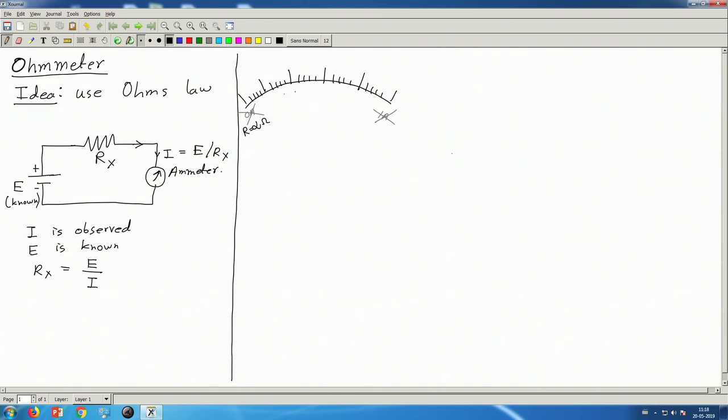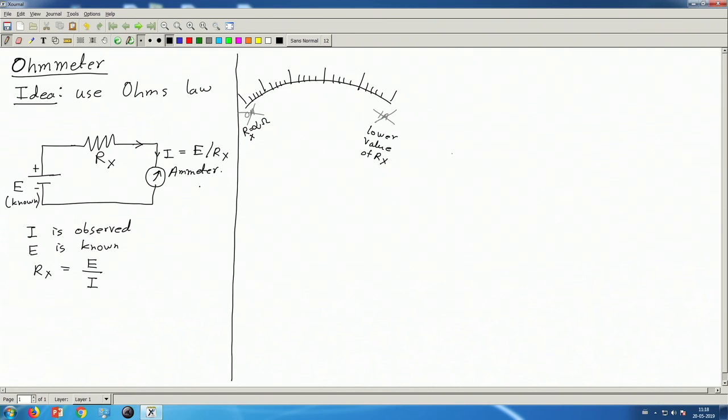So as I go from the left to the right, the current value is increasing, which means the resistance is definitely decreasing. So this side will have a lower value of Rx and this is a higher value of Rx. So this is how the scale of this meter should look.